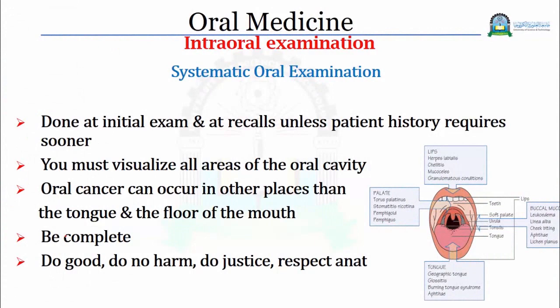Systematic oral examination means it is done at the initial exam and at recalls, unless the patient history requires sooner. You must visualize all areas of the oral cavity, as we mentioned before, starting from the lips, finishing with the occlusal status of the patient.